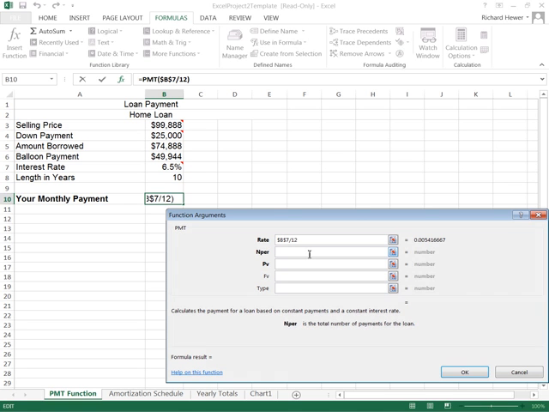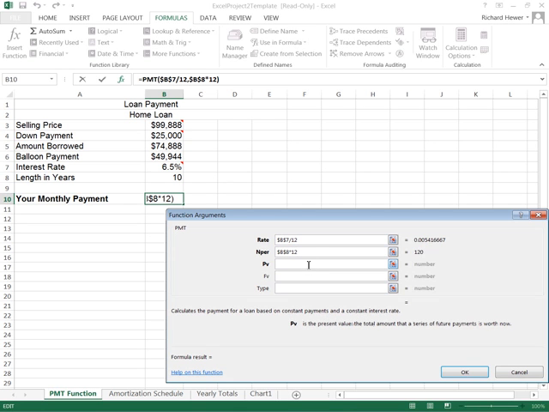Now we next have the total number of payments for the loan. Well, we're going to do it for 10 years. Again, we should make that F4, but we need to multiply that by 12 because we make 12 payments per year, and that should show 120 right over here.